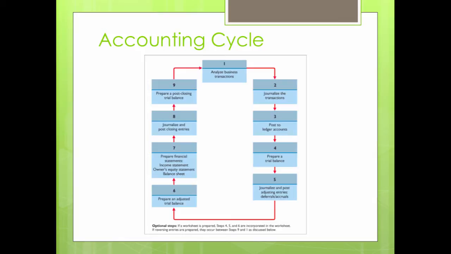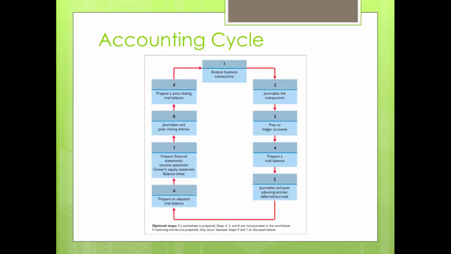And believe it or not, you have covered all of the accounting cycle steps in the last 6 chapters. So you learned, first of all, to analyze business transactions, which consisted of determining the accounts that are affected by the scenario that the accountant is facing.